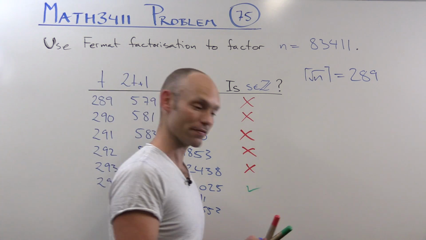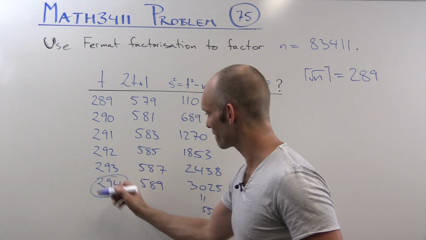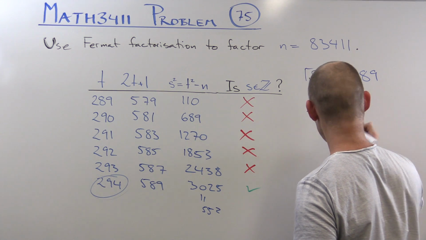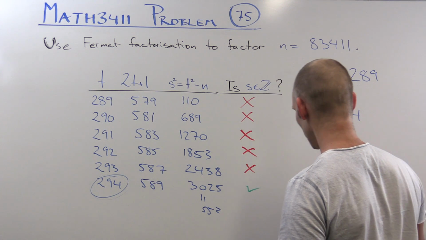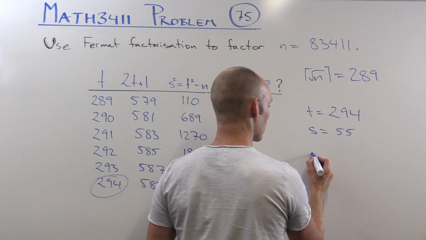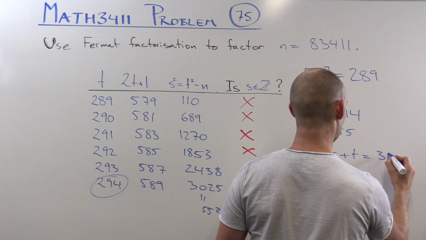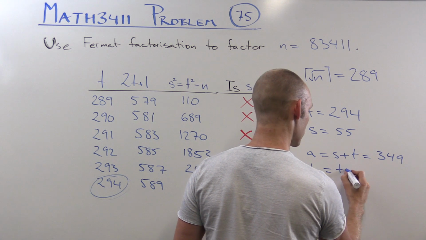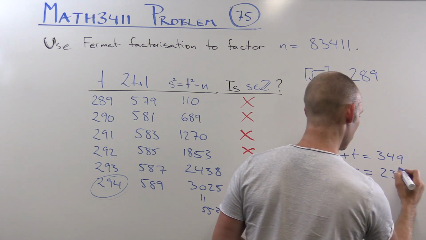Now we just have to write up what the factorization is equal to. Here t was this value here, so t is equal to 294, and s was equal to 55. If we call a the sum of these two, then that's 349. And if we say that b is the difference between these two, then we get 239.